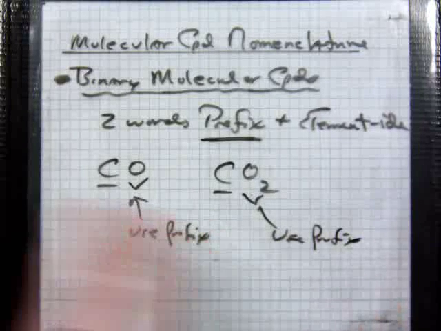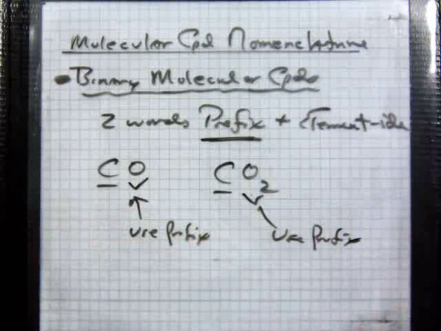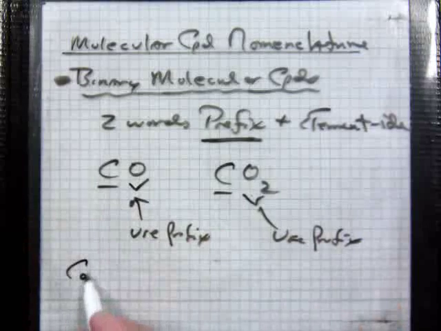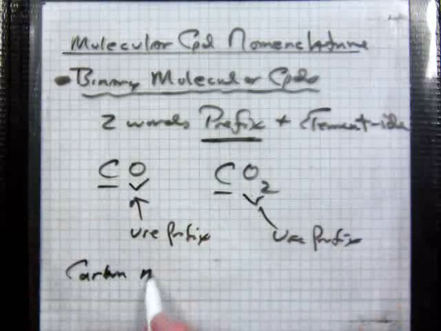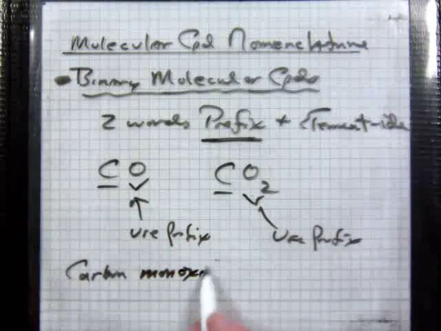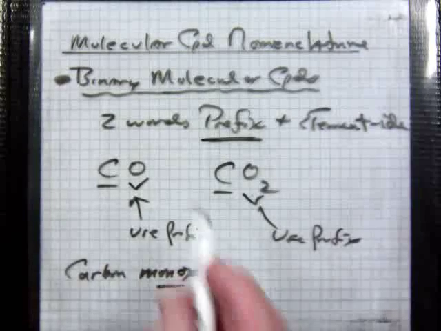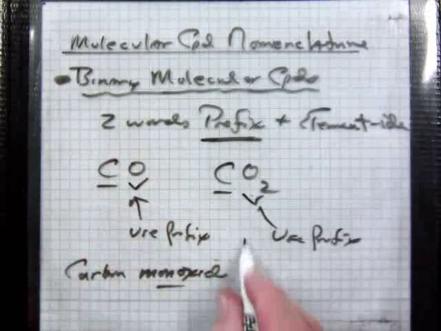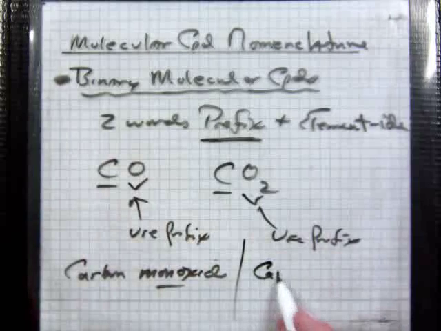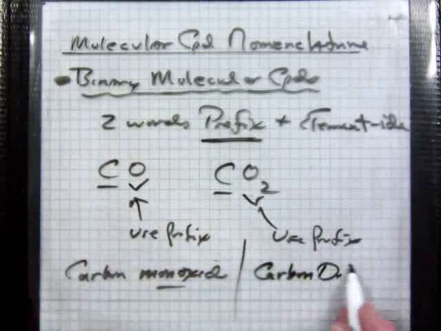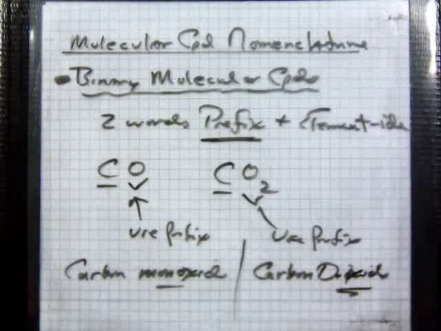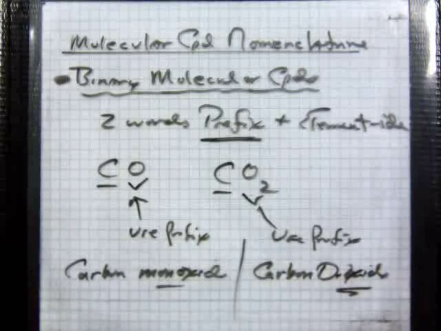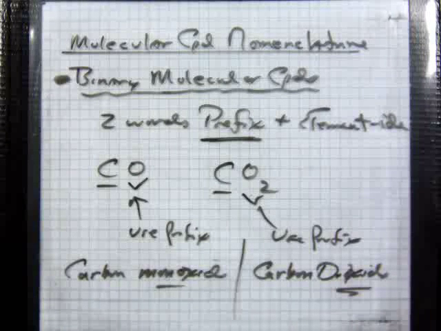And I use these two compounds because you're familiar with them. This is carbon monoxide, okay, indicating one. And then you're familiar with carbon dioxide. Okay, so using that, if the first element is by itself or a single element, then you don't put any prefixes on it.